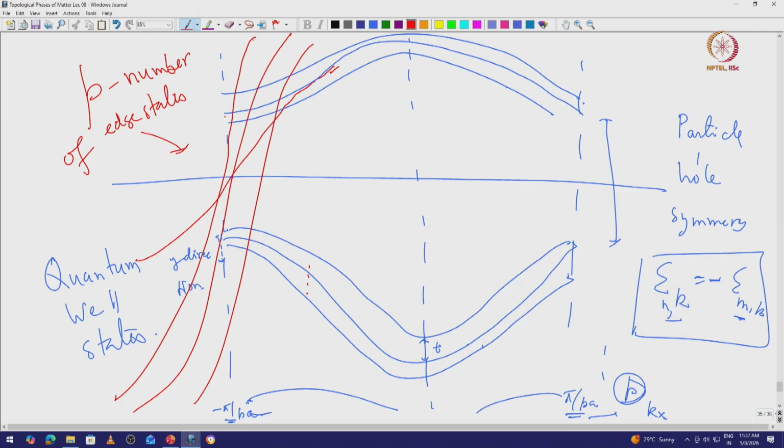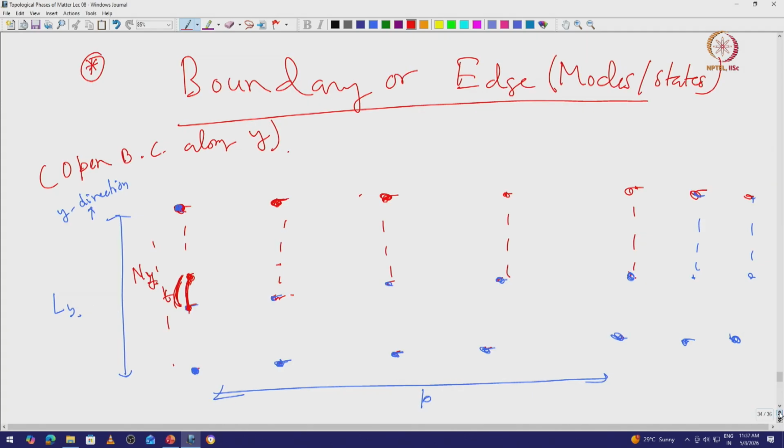What is that p coming from? There are p orbitals, right? P orbitals. Each one will have a metallic state. Now, what will happen here?